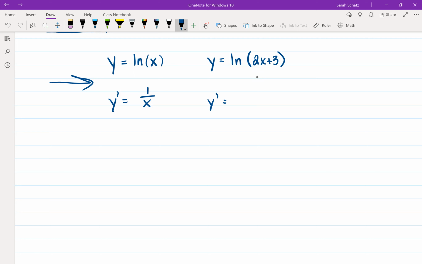So think about the basic version, natural log of something, natural log of x, and then I took the derivative and it ended up being 1 over that thing, 1 over x. Same way here, it's just more than x. If I'm taking the natural log of 2x plus 3, when I take the derivative, I'm going to get 1 over 2x plus 3.